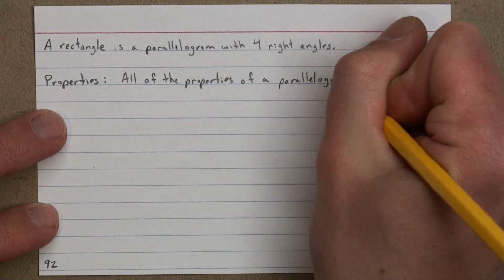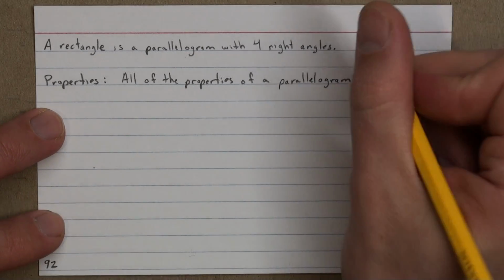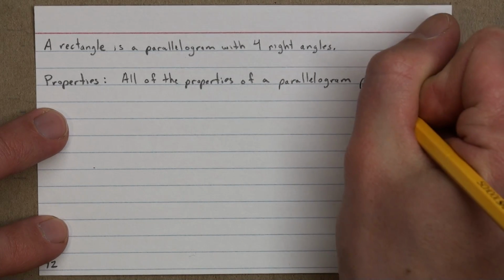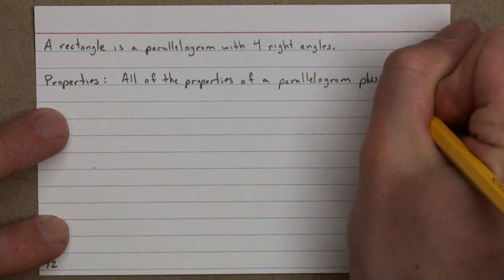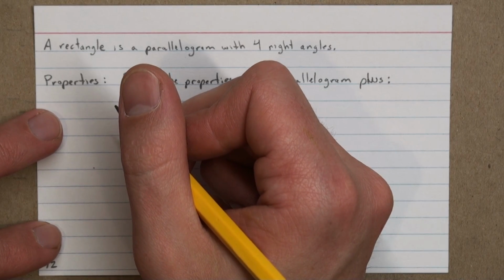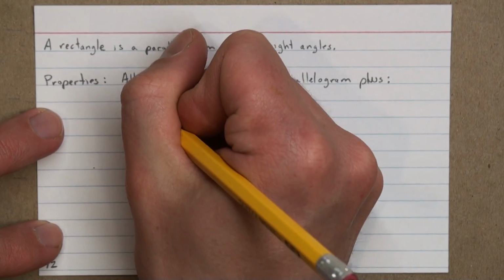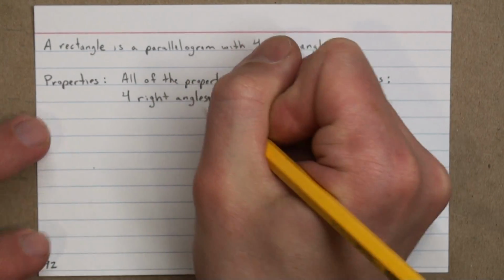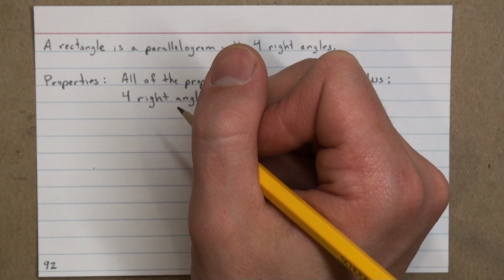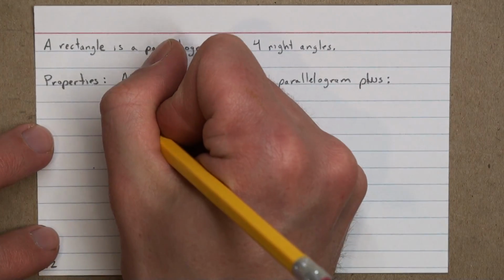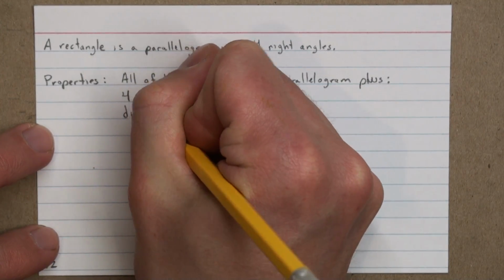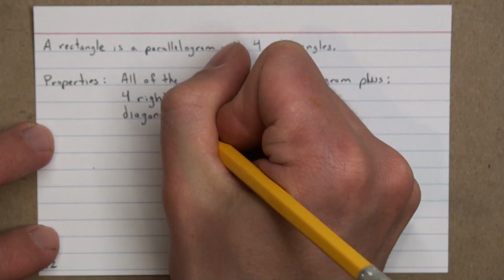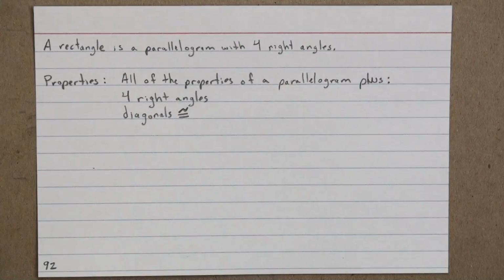So it has all of the properties that we talked about for the parallelogram, plus 4 right angles. And the diagonals are congruent.